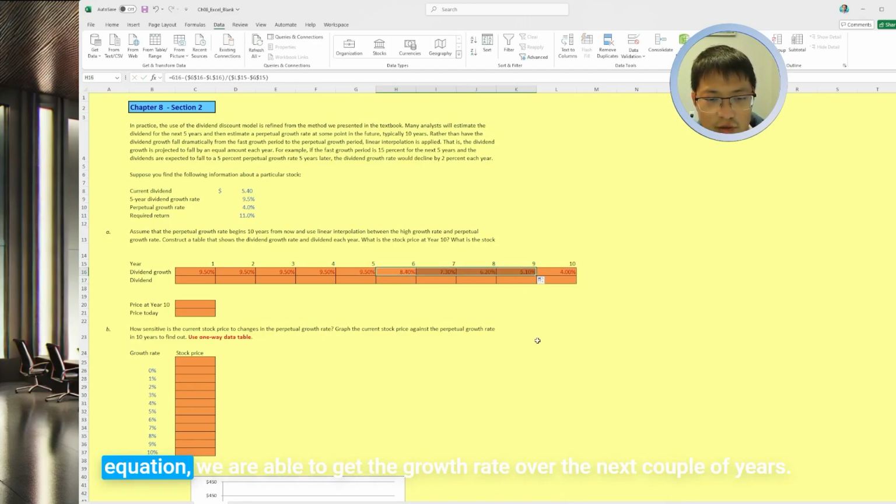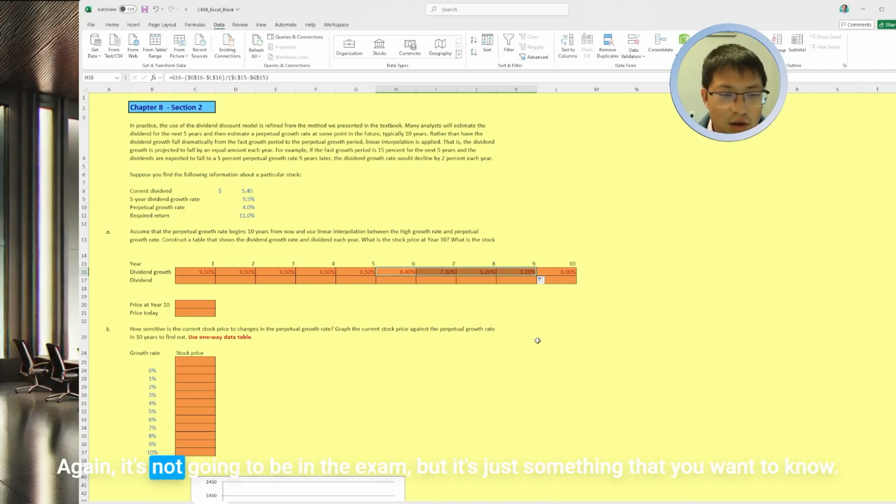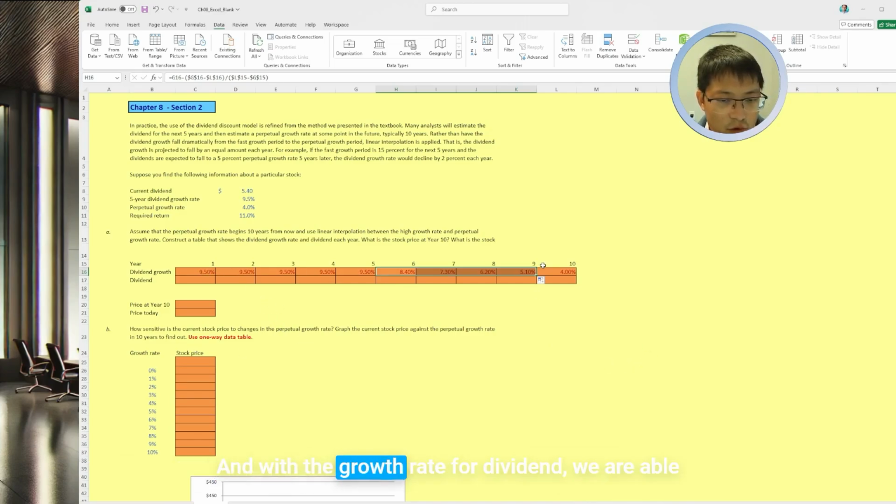By this equation, we are able to get the growth rate over the next couple of years. Again, it's not going to be in the exam, but it's just that you want to know. And with the growth rate for dividend, we are able to calculate the dividend each year.